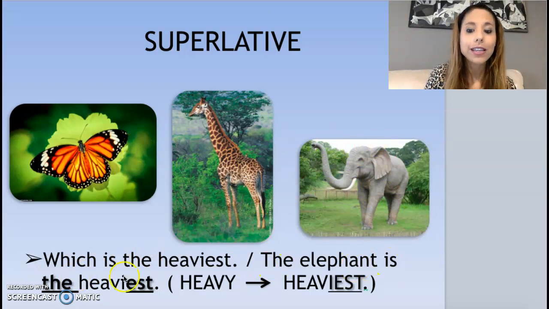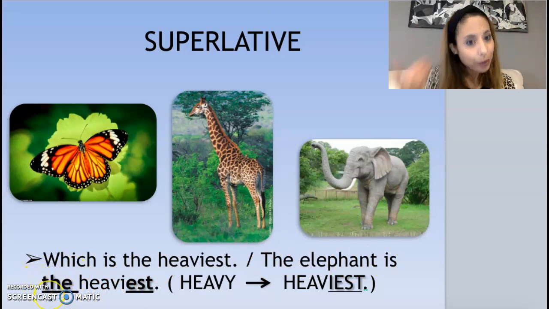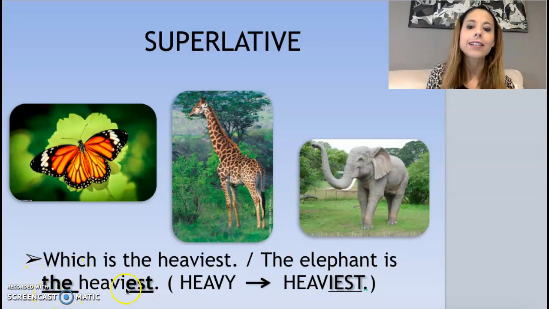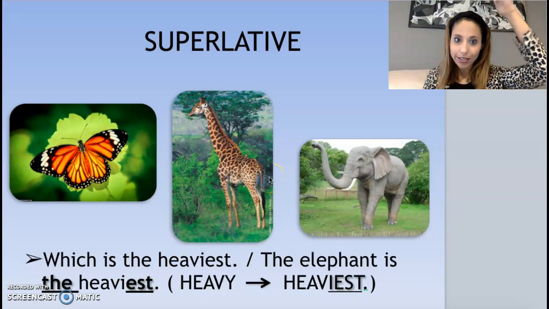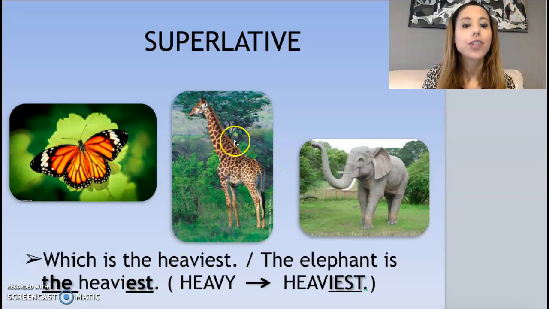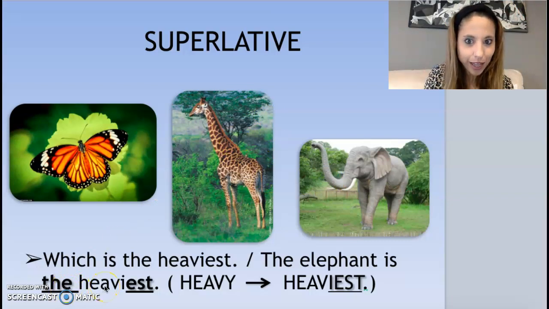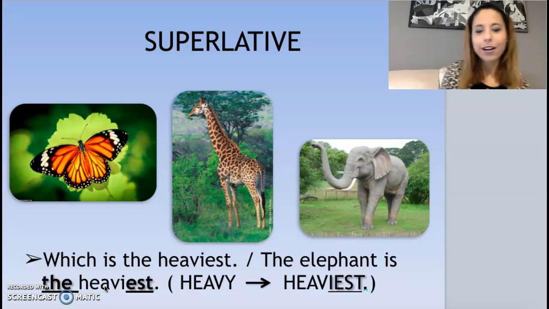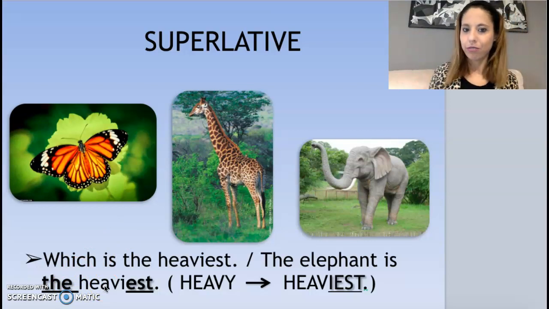The elephant is the heaviest. Okay, so we just need to use the before the adjective and then add at the end est. Another example, which animal of these three is the tallest? The giraffe is the tallest. Okay? So these are the basic rules.